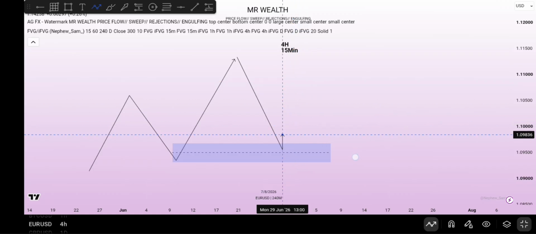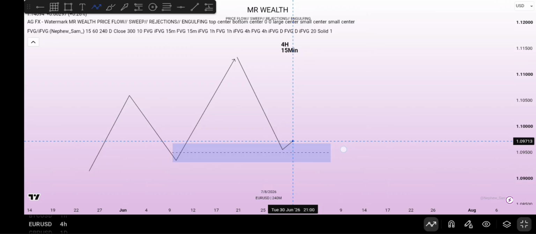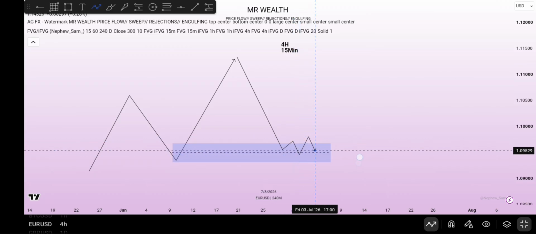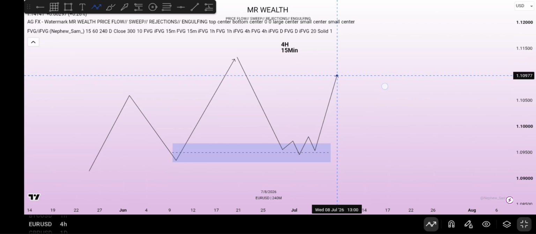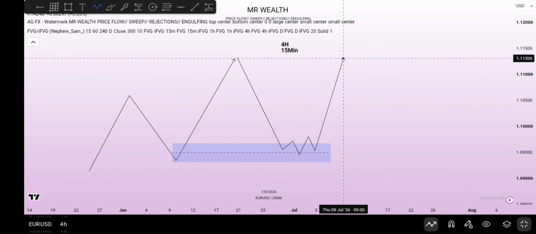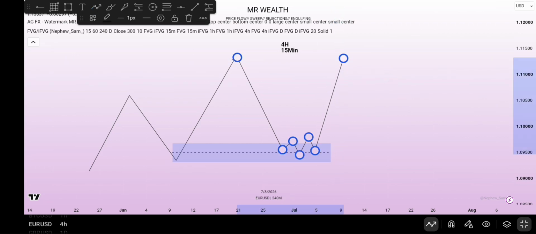When price comes to this place, we need to see something in 15 minutes and then enter from that 15 minutes time frame up to the high, the drop liquidity. So this type one is all about a swing approach.